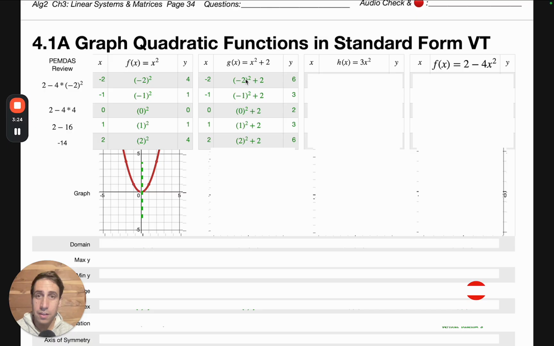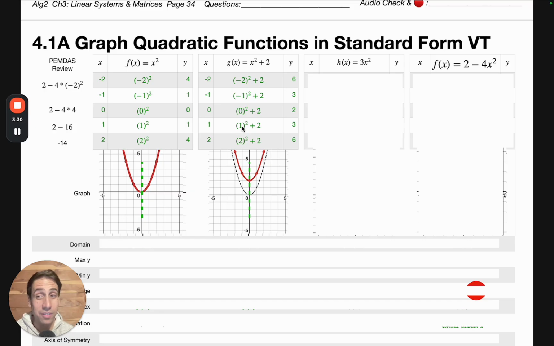So what you're going to get is something very similar, except it's just been shifted up 2 units. It's been vertically translated. Everyone say vertical translation. I didn't hear you. There it is, a lot better, thanks. Okay, and this dotted line is going to be put in place just to compare it to what you might be calling the original. All these functions over here are going to be like variations on a theme.